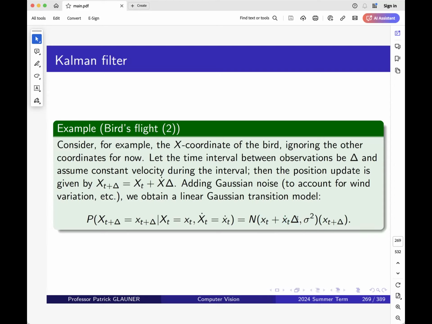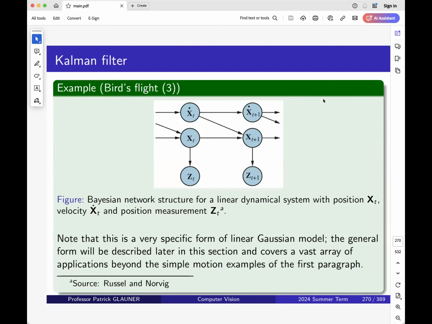So this is how much we assume the bird has actually moved. This is the mean of the Gaussian distribution plus our fixed variance. We'll discuss the variance later in greater detail. And we plug in our xt plus delta.